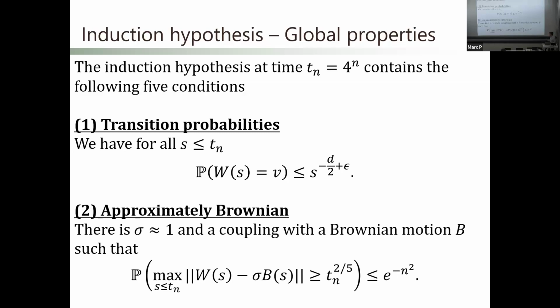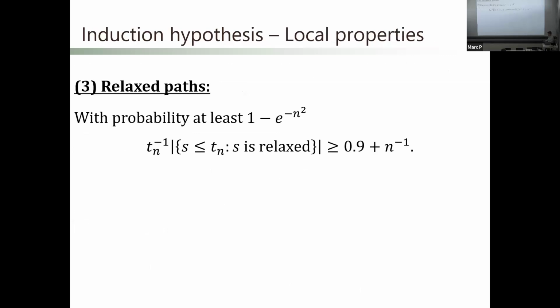Okay, but now, to make our life easier, I'll throw in some more inductive hypotheses. One is that the walk looks a lot like Brownian motion. We could couple the walk and Brownian motion such that they're very close together, except with some really small probability, e to the minus n squared. Additionally, up to time t_n, the fraction of times that are relaxed will be at least something a bit bigger than 90%.